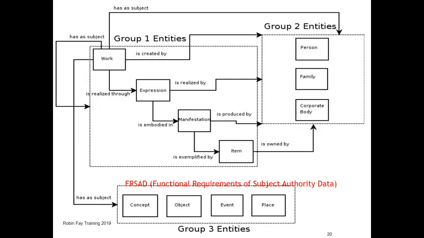And then we have our authorities, what was called group 2, but that would be our authorities over here. This is where agent will come in, and we're going to look at all that in just a second. And then we have our subjects down here. And of course, you can see here, has subject, has subject, has subject. Everything can be a subject, depending on what your work is.